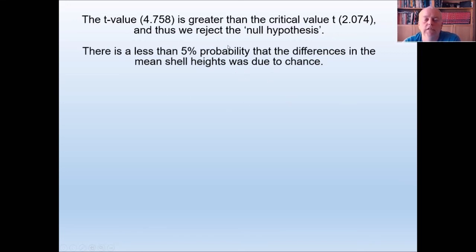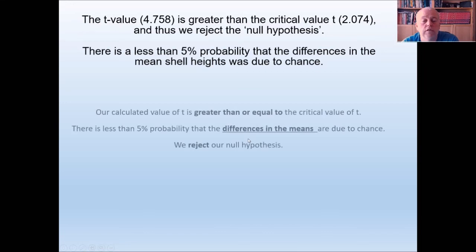Okay, so if you notice that the interpretation phrase is almost identical to what we looked at when we did Spearman's rank. The key phrasing that's different is this particular statistical test looked at the differences in the means, so our interpretation needs to refer to the differences in the means. There's a less than 5% probability that the difference in the means and the shell heights was due to chance. Okay, and here's a standard way of looking at that information.